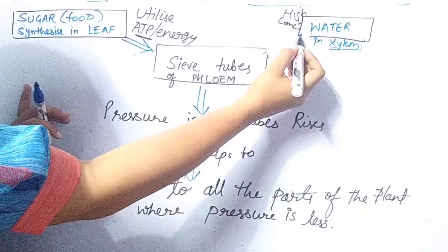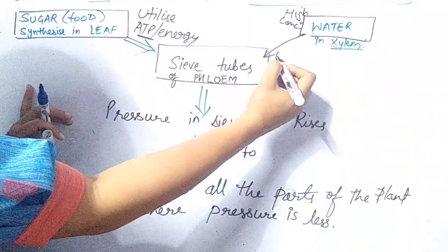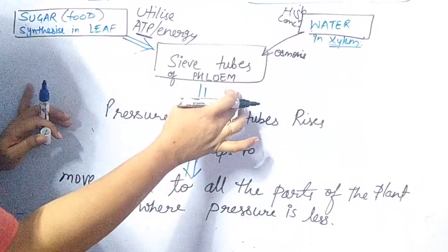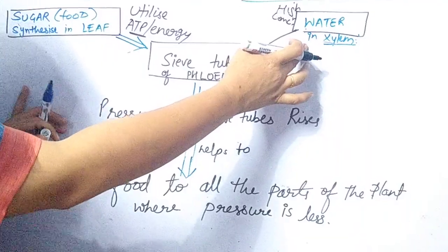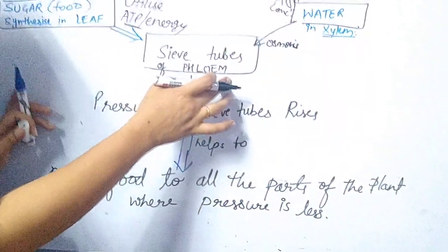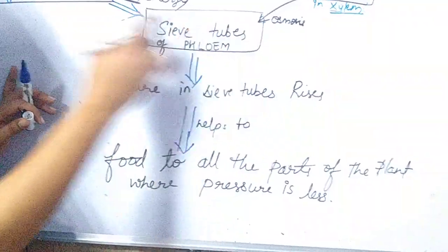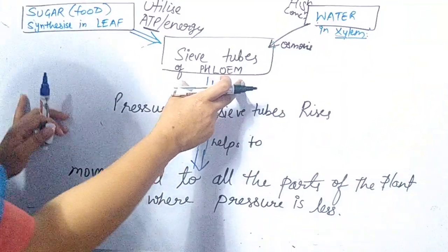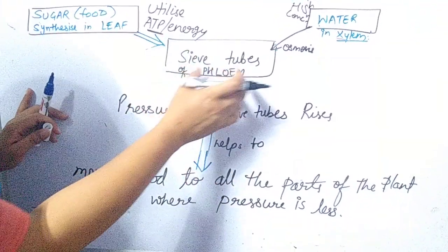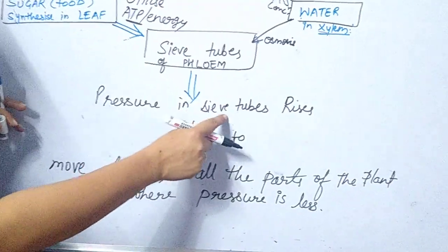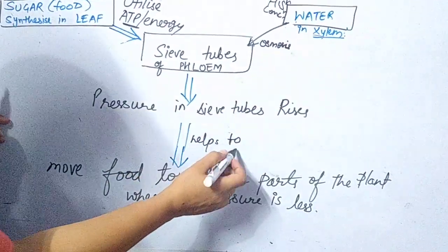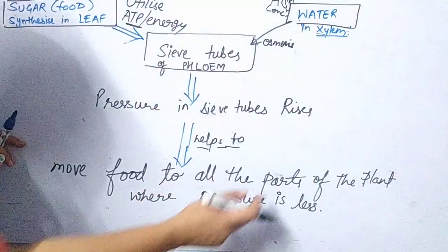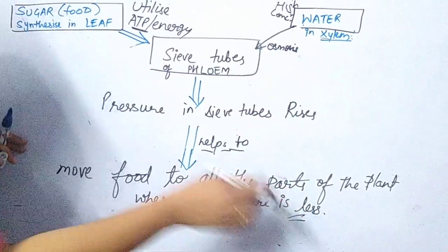So, with the help of osmosis, water is going to move from xylem into the phloem, because in the xylem there is a high concentration of water, and in the phloem a low concentration of water is created due to the addition of sucrose from the leaf. Then, in the sieve tubes of phloem, by the addition of this sucrose and water, pressure in the sieve tubes increases, which ultimately helps to move this food to all the parts of the plant wherever the pressure is less.